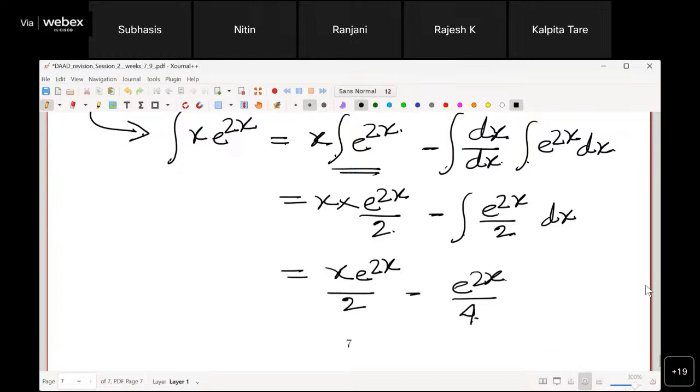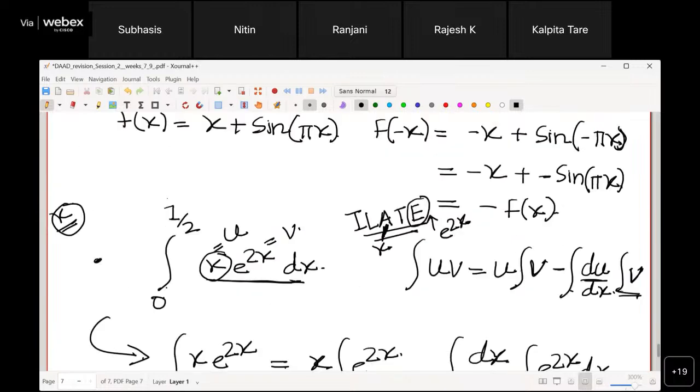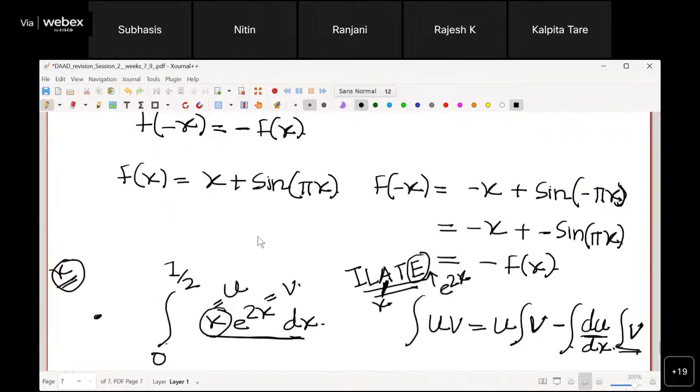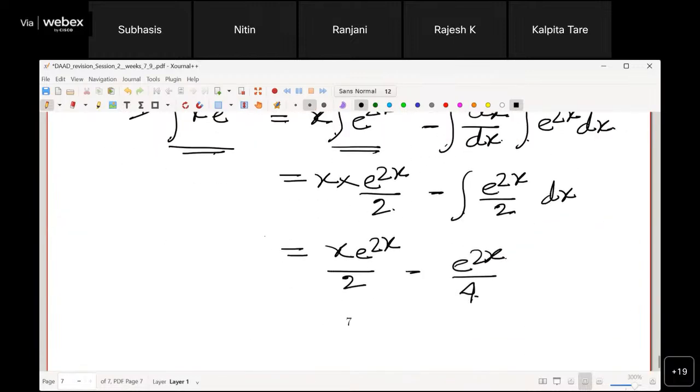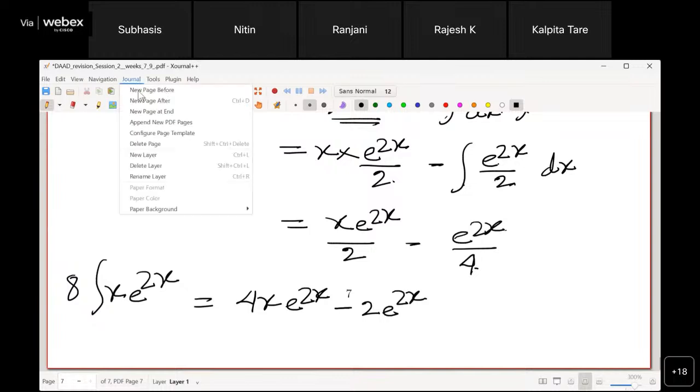This is the integration of this function. And we have an 8 here, so if I multiply this 8 with the whole thing, what I get in the end is 4x e power 2x minus 2 e to the power 2x, right?